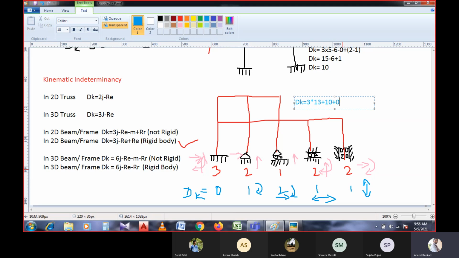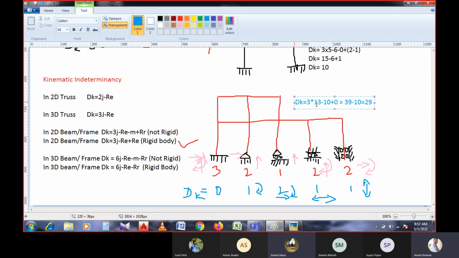Are there any release reactions? No, we are not observing any release reactions. And here we could write a minus sign. So how many? 13 into 3 will be 39. Excuse me, sir, how 13? 13 joints, see, 1, 2, 3, 4, 5, 6, 7, 8, 9, 10, 11, 12, 13. 13 numbers of joints are there.